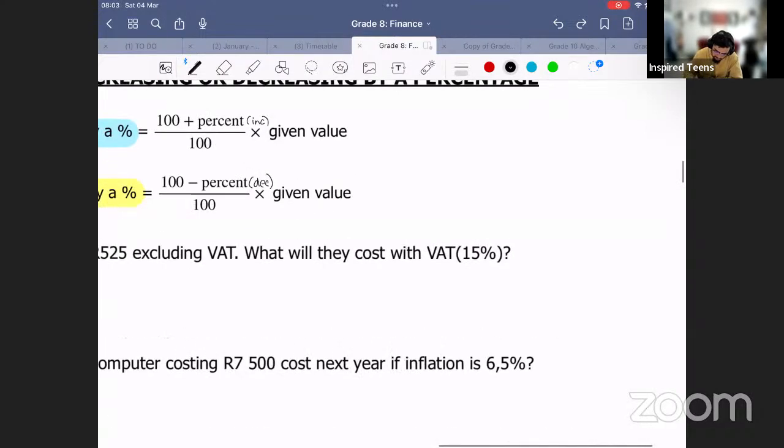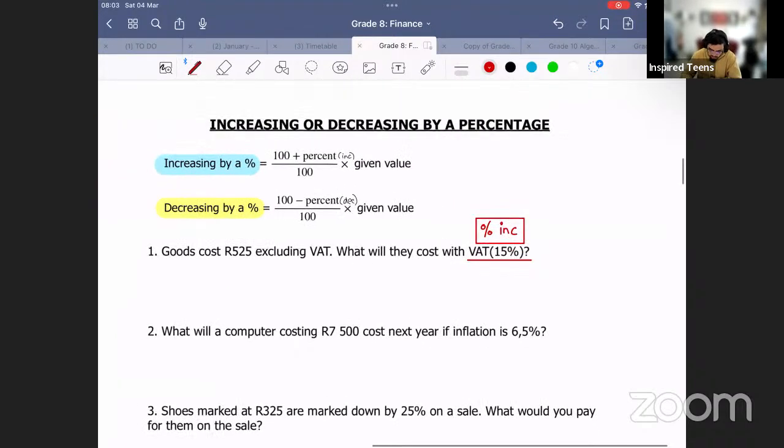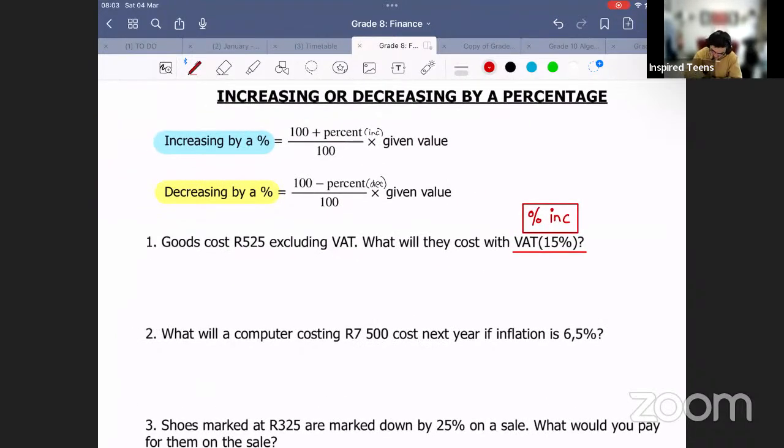What will they cost with VAT? Now we need to remember that VAT is actually just a percentage increase. VAT is a tax, value added tax, and it's added on whichever products we're talking about. In this case, goods cost 525 Rand excluding VAT, so this is basically a percentage increase.